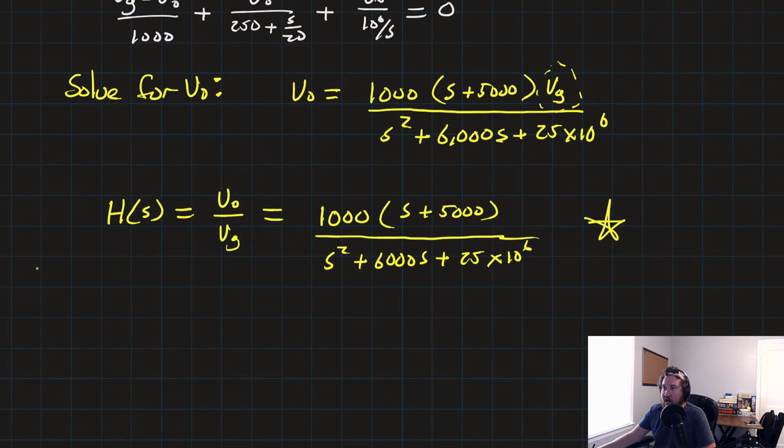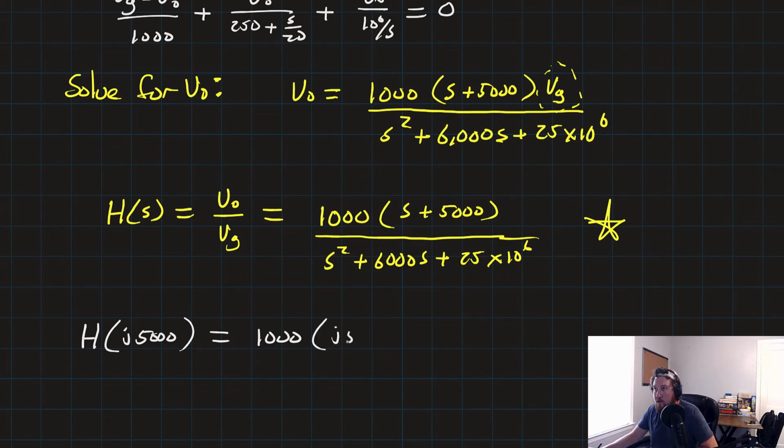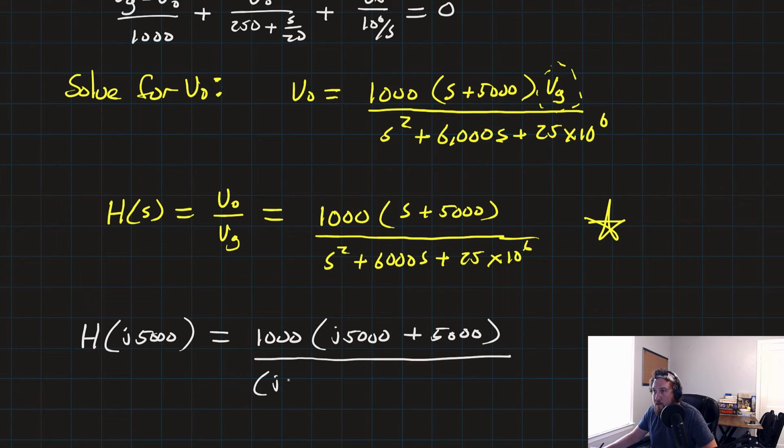So we're going to go ahead and just plug that into our H. So H of j times 5,000 is equal to 1,000 times j5,000 plus 5,000 over j5,000 squared plus 6,000 times j5,000 plus 25 times 10 to the 6.